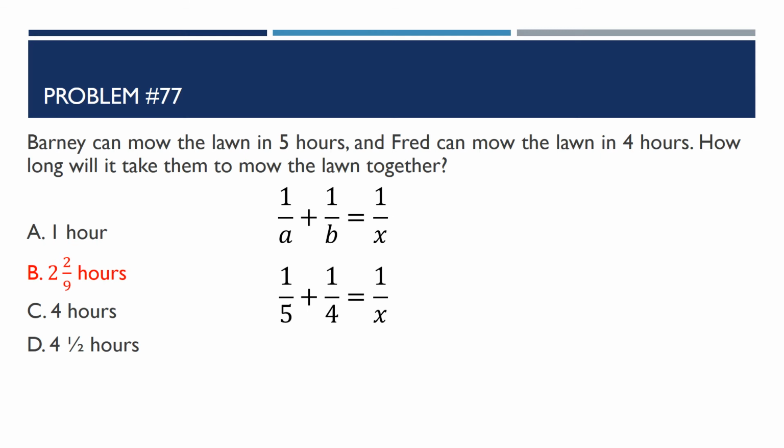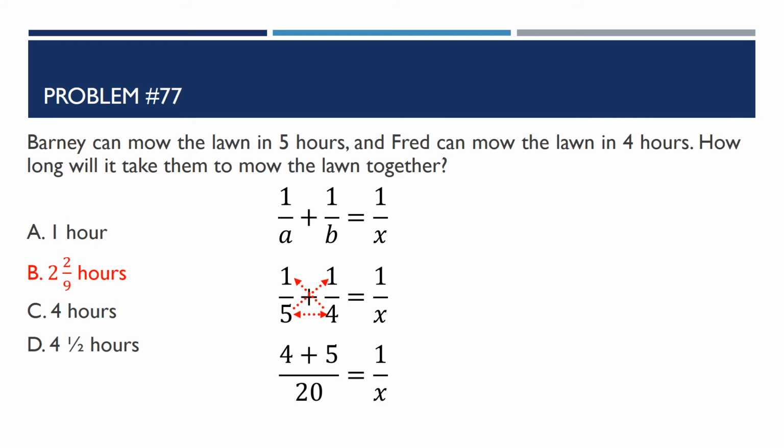Now we're going to combine 1/5 and 1/4, but we cannot combine them directly because they don't have the same denominator, but we can use a shorter way of adding fractions. So we can just cross multiply 1 times 4 and 1 times 5, as well as the denominators 5 times 4.